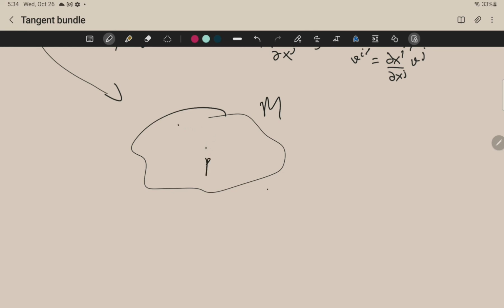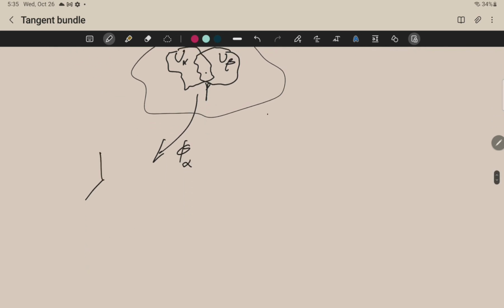So here is point P on M. Suppose this P is inside U alpha, which is open, and there's another open set U beta. The intersection of U alpha and U beta will be mapped to a blob somewhere down here in R^n.